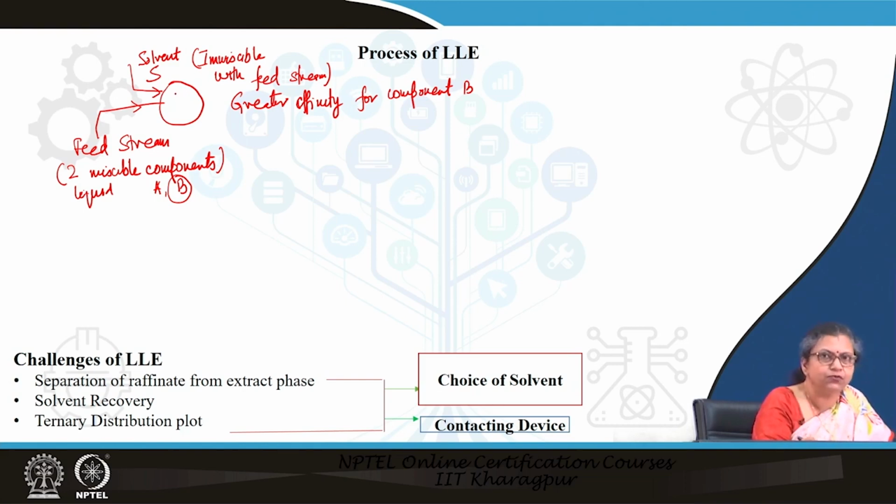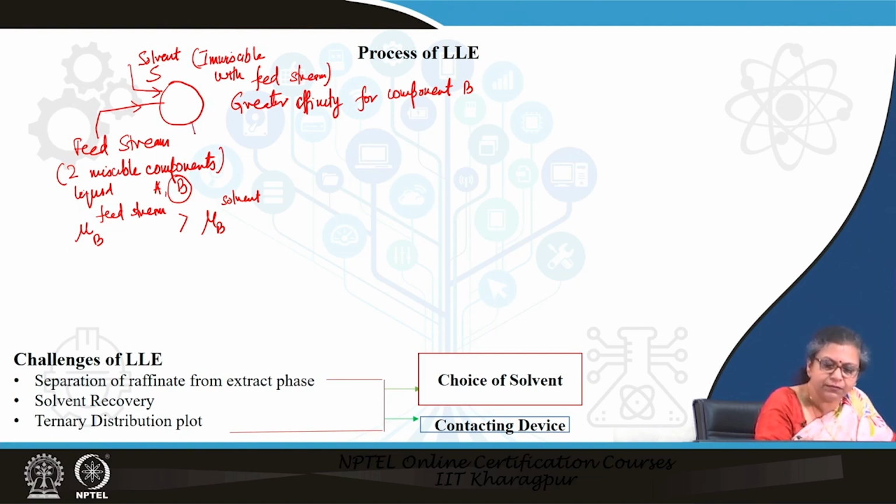After the mixing is over, how long will this transfer go on? As long as the chemical potential of B is not equal in the feed stream and the solvent stream, or in other words, as long as mu B in the feed stream is greater than mu B in the solvent stream, the mass transfer goes on. After the mass transfer we get two streams.